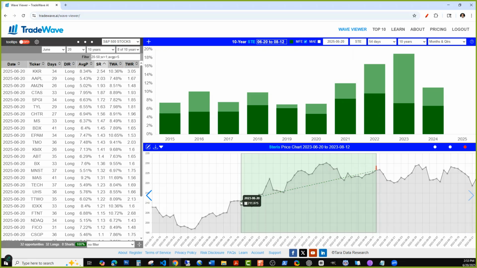That beginning to the end is dark green. That peak to the end, the maximum high, is the light green. So that's how much it went up. It was up an additional 11%, but then it closed up 7.28%. This is the extent of the move.